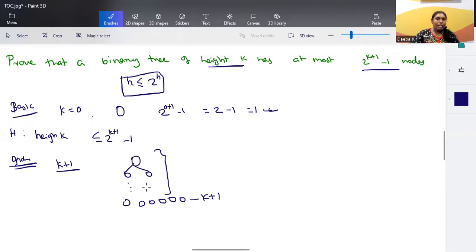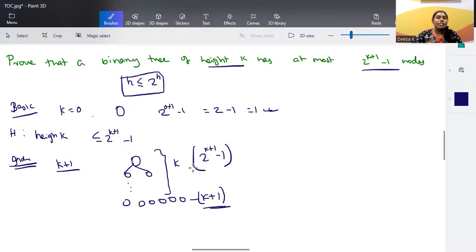According to the second step, we know that any binary tree with height k will have at most 2 power k plus 1 minus 1 nodes, right? And in the k plus 1th level, that is the last level, what will be the number of leaf nodes? Any binary tree of height h will have 2 power h leaf nodes.